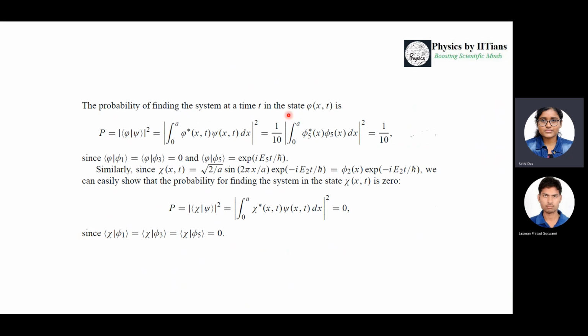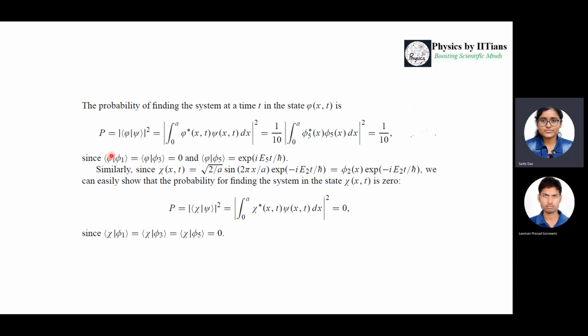The probability of finding the system at time t in the state phi can be expressed as P equals mod square of bra phi ket psi. After simplification, you consider the wave function within the limit 0 to a, and it becomes 1 by 10.